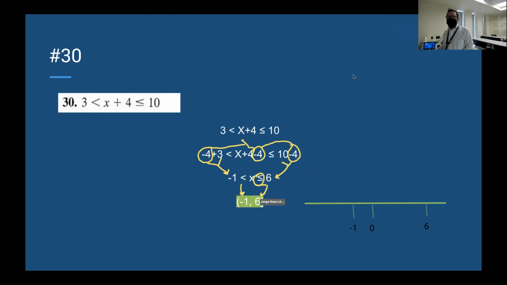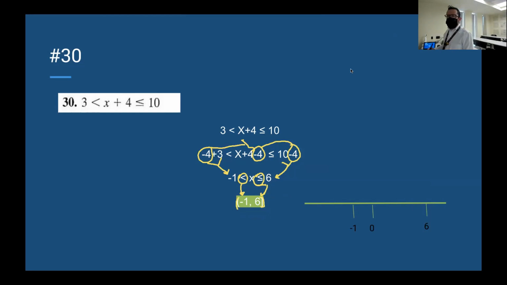I'm sorry, we're going to include the 6, and that's why we're using brackets. Over here, since the -1 is greater than, there is no equal, and we use the parentheses. Okay? Good job, well done.